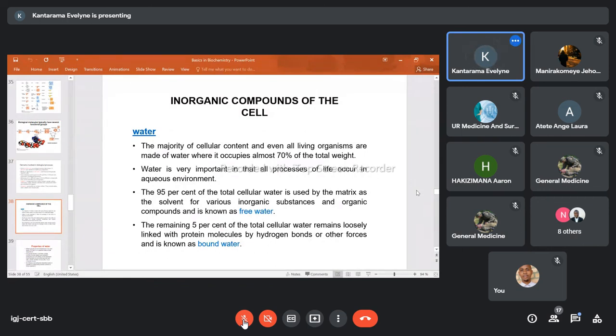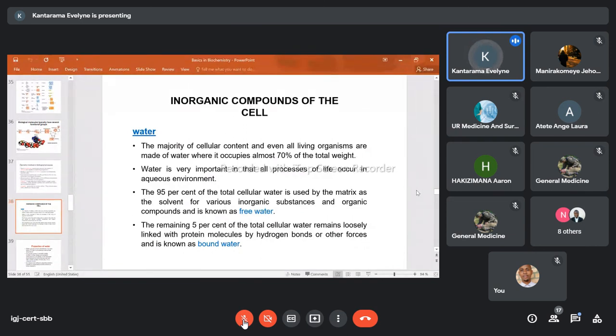The 95% of total cellular water is used by the matrix as the solvent for various inorganic substances and organic compounds, and is known as free water.